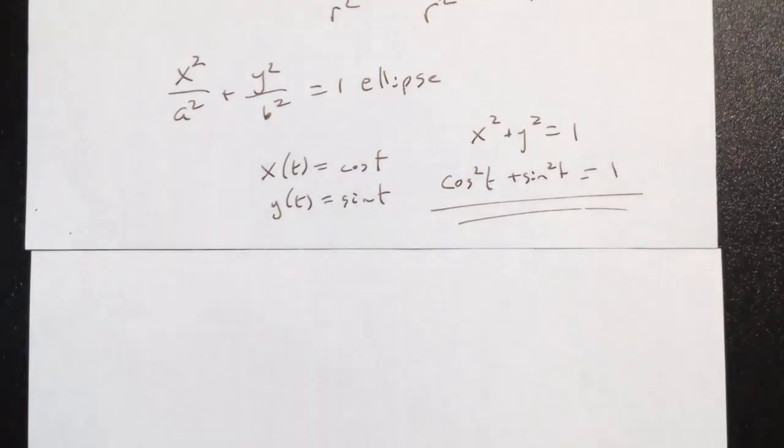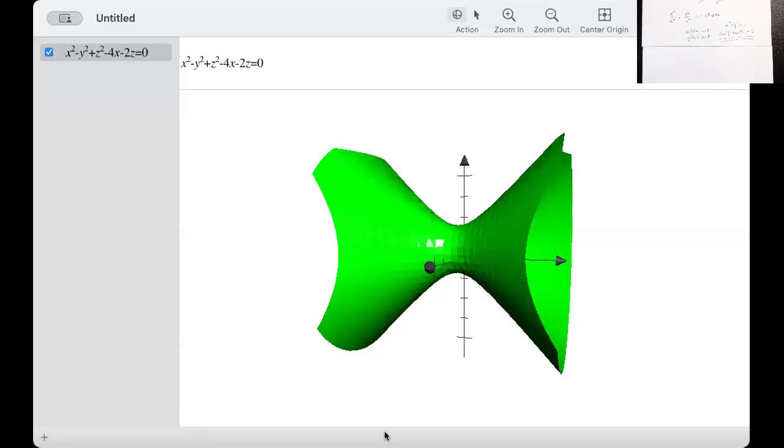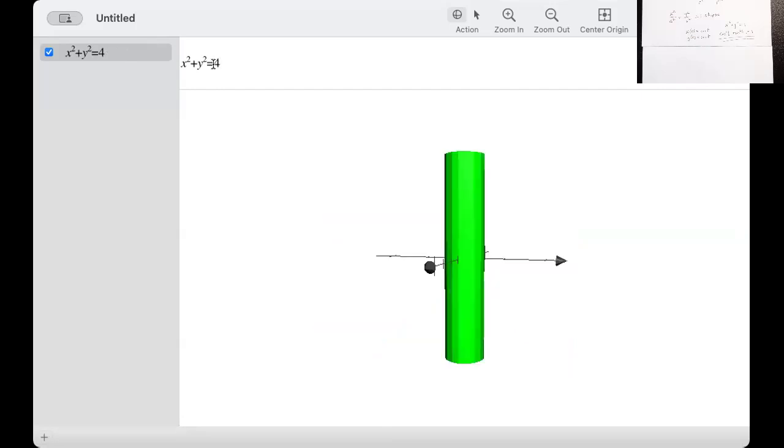So let me cheat and go back to Grapher. Now I'll take this equation out. And what's the first equation in 42? Before I graph it, x squared plus y squared equals 4 is a circle in 2D. But I'm in 3D, so I get, there it is.